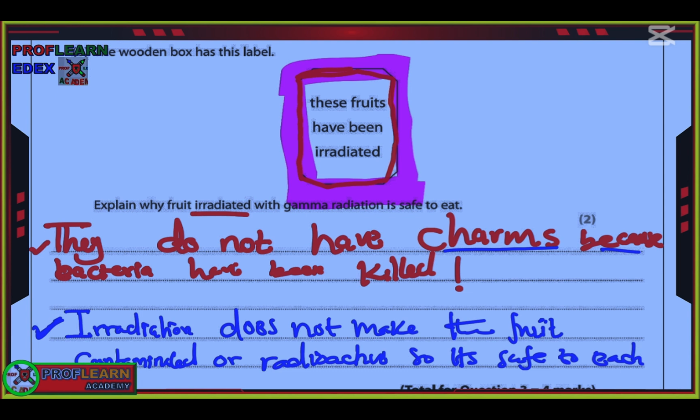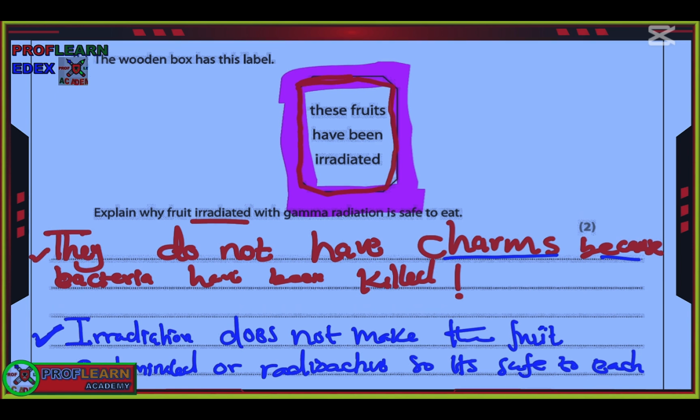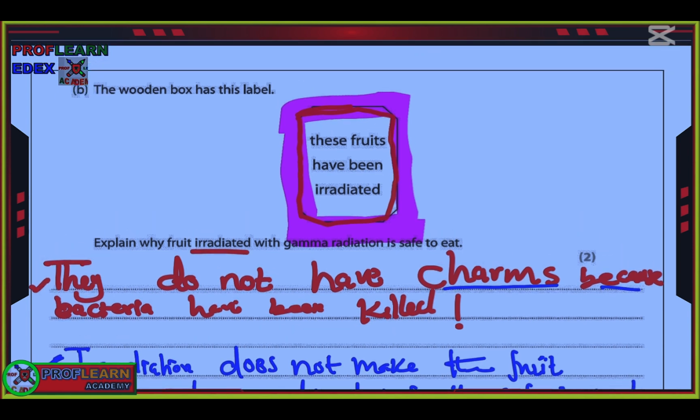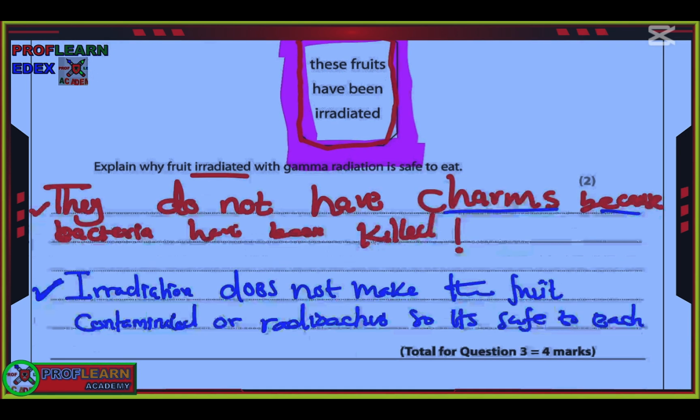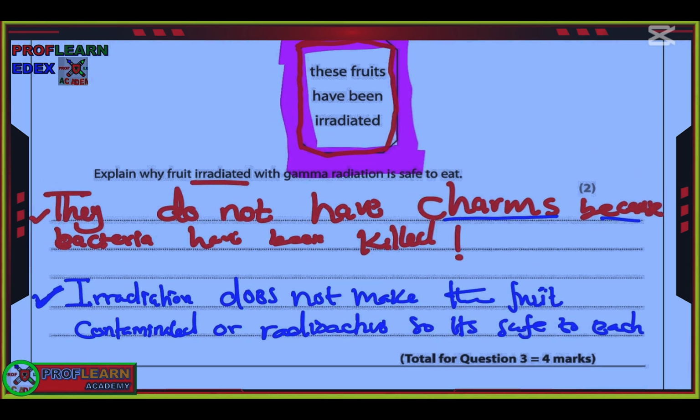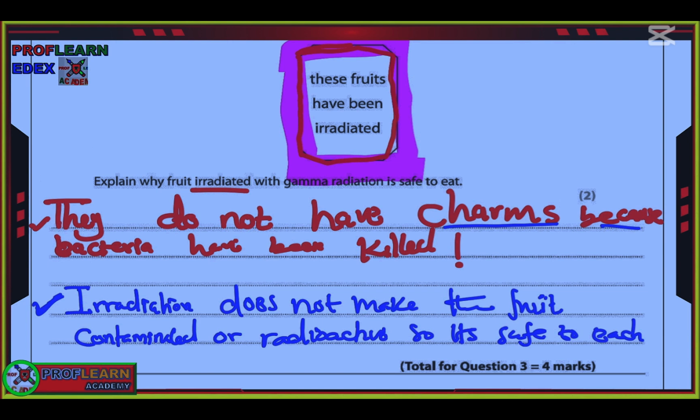So that's why, for safety measures and precautions, a rule was passed that you have to indicate that they are irradiated, so that the person can decide whether to buy or not. Something we need to mention is that they are safe to eat because gamma radiation kills germs. So we don't have germs and bacteria in this, so they are safe to eat.